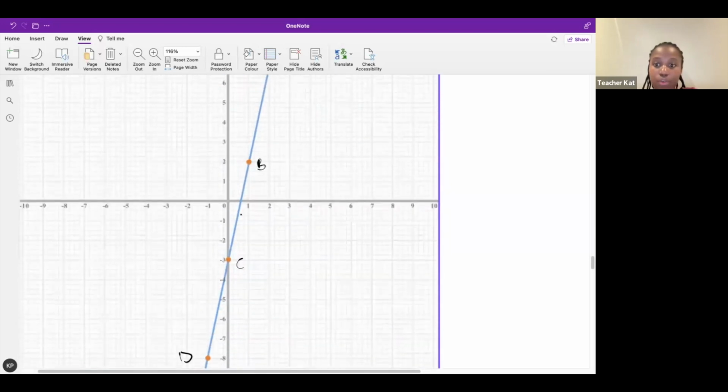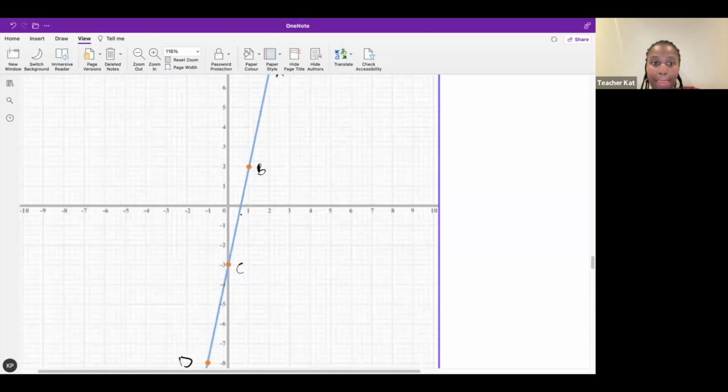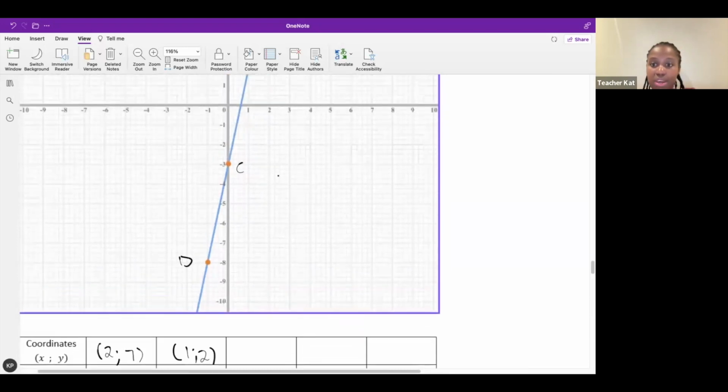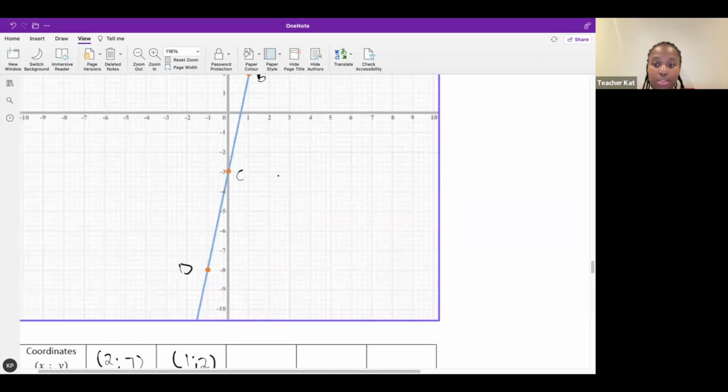My coordinates for B. My coordinates for B. Nice. That is a 1 and a 2. Nice, guys. Be careful, always put brackets.